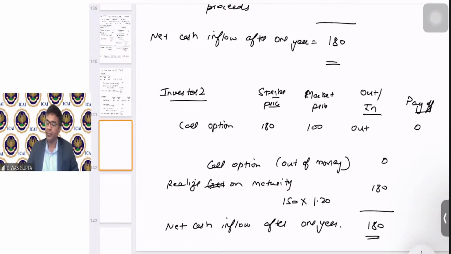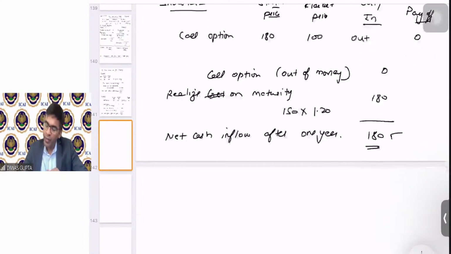So even in this case, the value remains same, although it is different from our first case where we took the price as 200. Now in this case, even at the price of 100, although the values are different, it is same between investor 1 and investor 2.